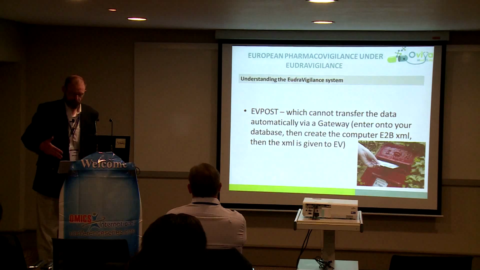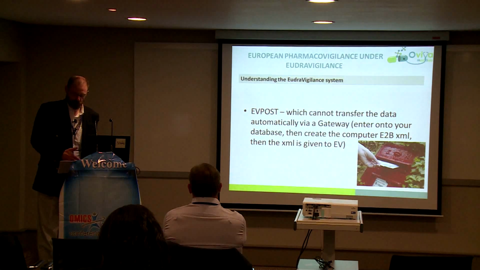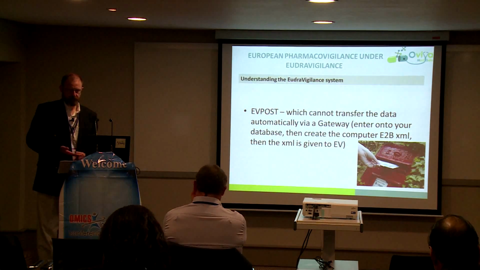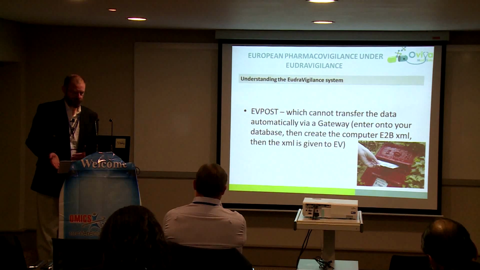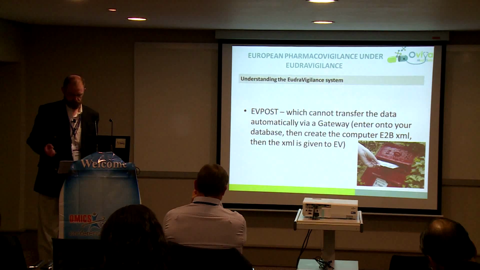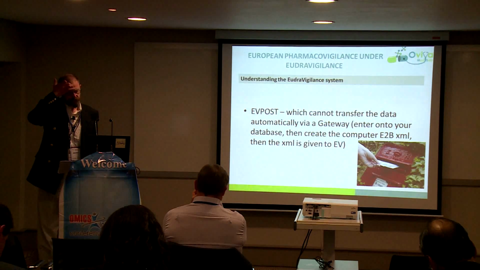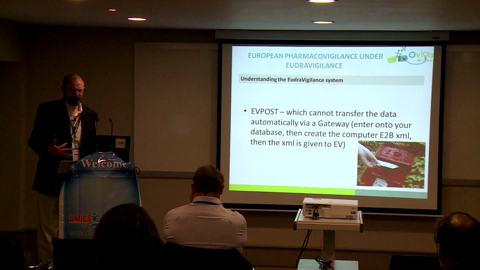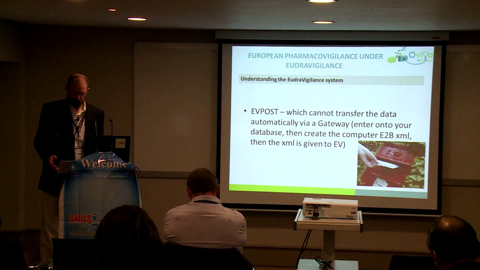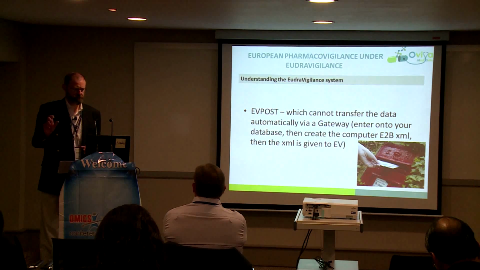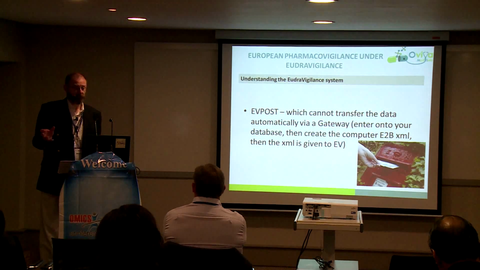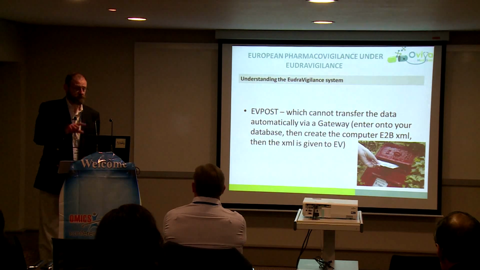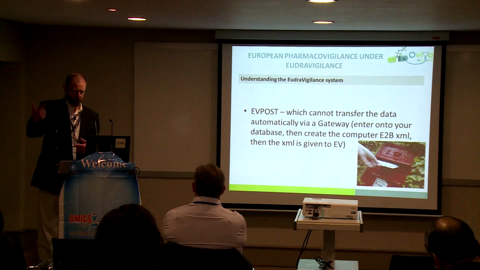So what you do, you put the data onto your database, create this E2B XML file, and then give it to or post it to EudraVigilance. I don't particularly like this method. It's not very flexible, I find. If you've got a really obvious spelling error, you can't change it. You have to go through the iteration.